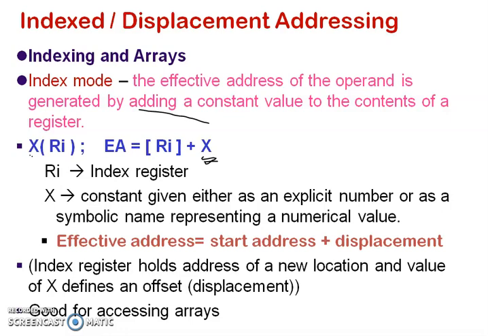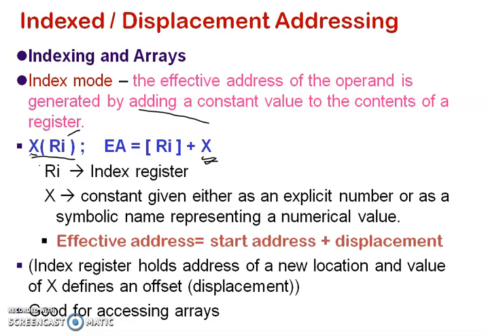The notation is like, inside the instruction, one operand takes this format: x within brackets Ri. If such a notation is given, then Ri is an index register, and x indicates a constant, given either as an explicit number or as a name which has a numeric value.